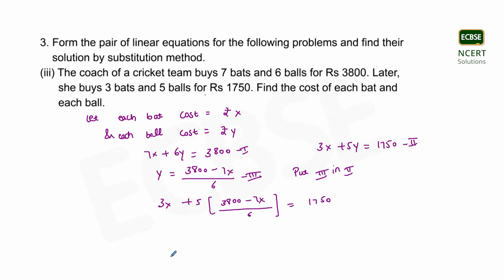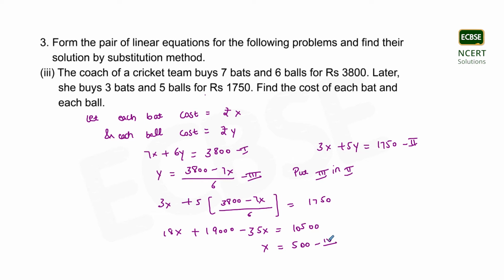Okay. In solving this, that is finding the LCM, here it will be 18x plus 19,000 minus 35x is equal to 10,500, or x value comes out to be equal to 500 on doing the mathematical calculations.